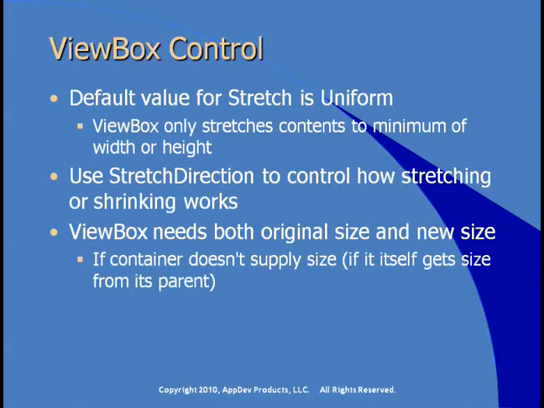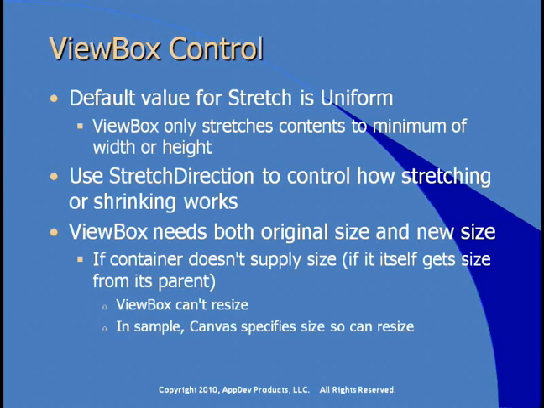If the container doesn't supply its size, if it itself gets the size from its parent, then the viewbox can't resize it. So if you want to use the viewbox, the container that you're using for your shapes has to specify its original size, so the viewbox can resize it.